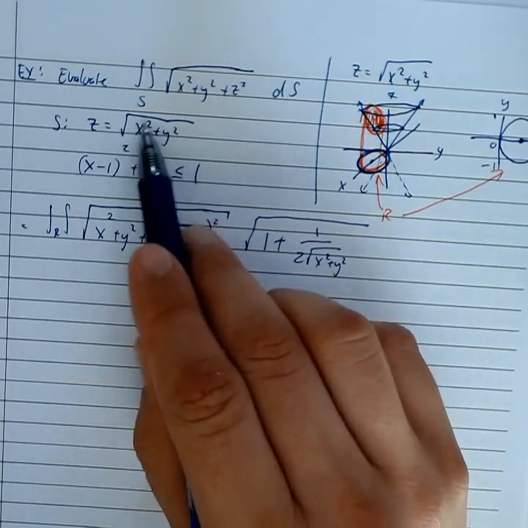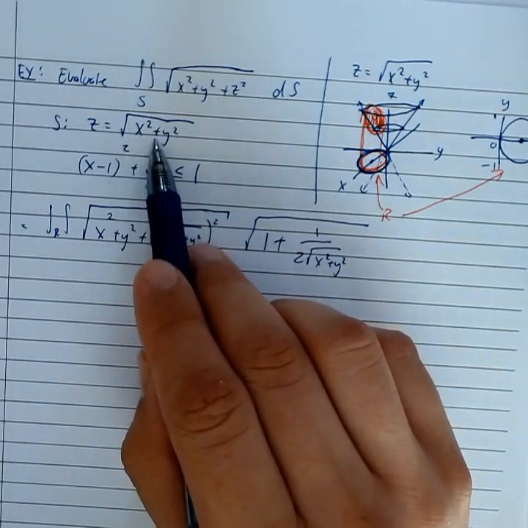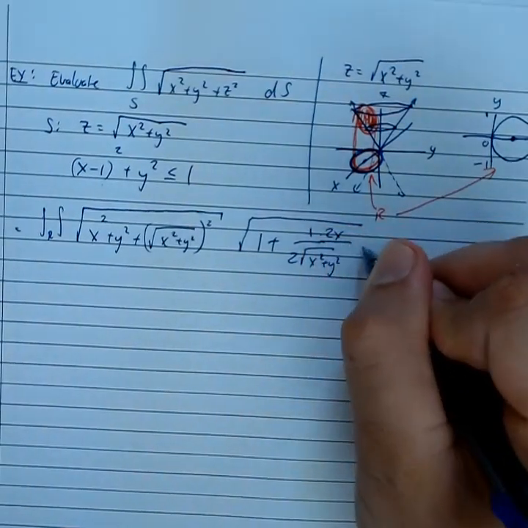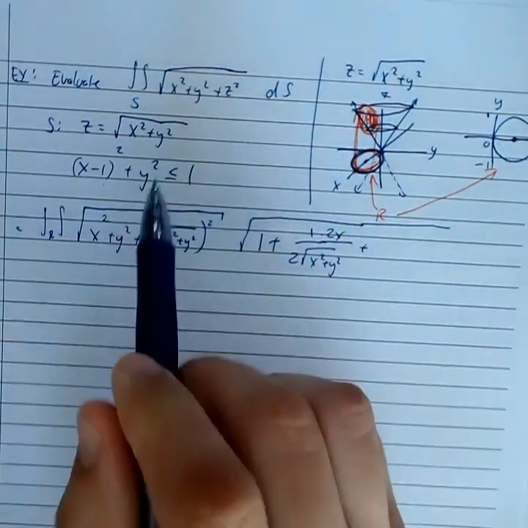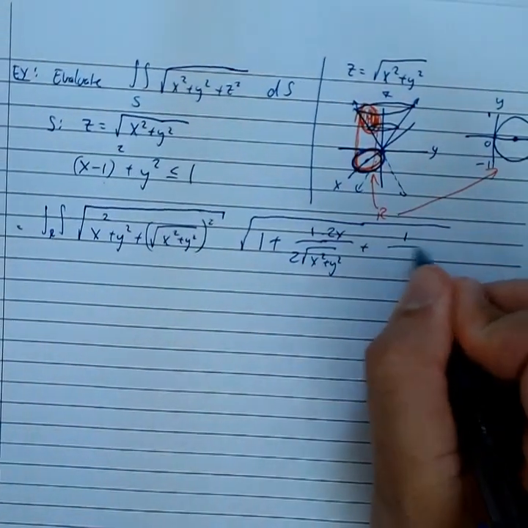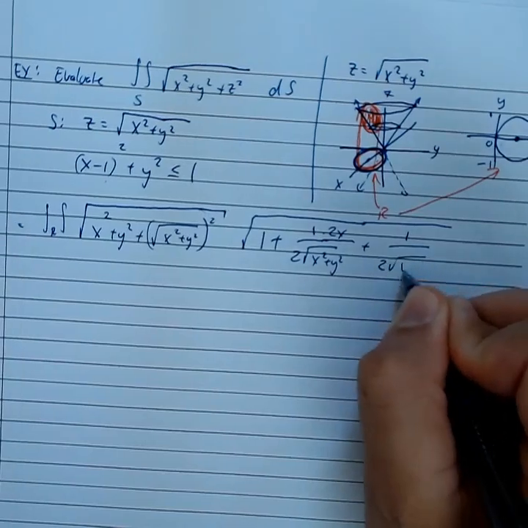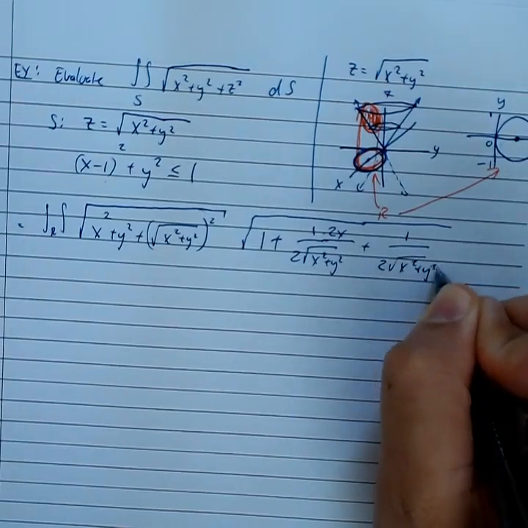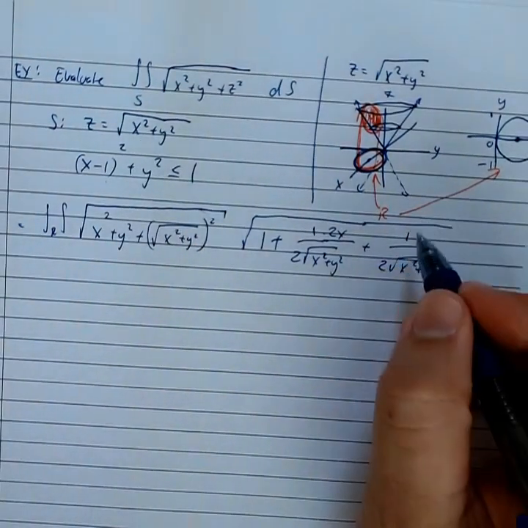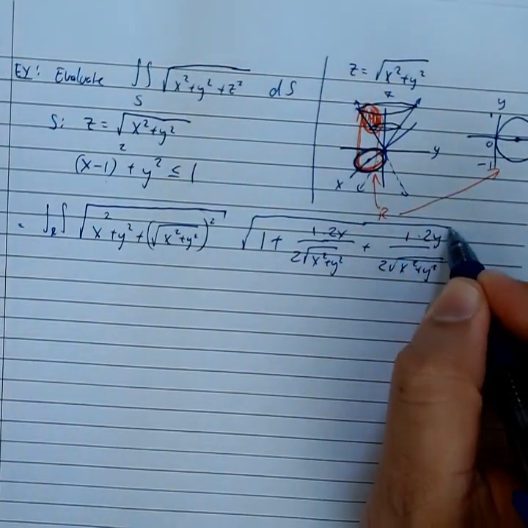We're taking the derivative of the inner part with respect to x, so that's just going to be times 2x. And then over here, we're going to take the derivative with respect to y, and that's going to be exactly the same thing, 1 over 2 root x squared plus y squared. But now, because of the chain rule, we're going to take the derivative of this with respect to y, which is just 2y.